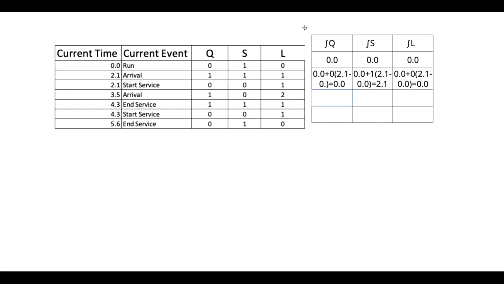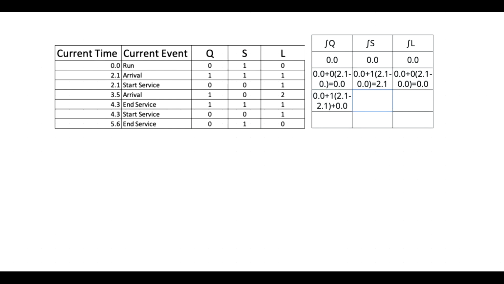Now the next one, at time 2.1, is start service. We do exactly the same thing: the previous sum plus the previous value times the elapsed time. The previous value for Q is 1, but the elapsed time is 2.1 minus 2.1, which is 0. Similarly for S, our previous sum is 2.1 and the previous value was 1, but 2.1 minus 2.1 is 0, so we still have 2.1.